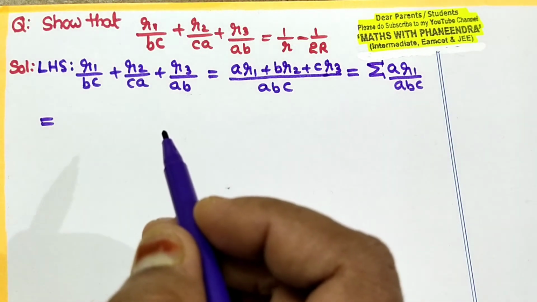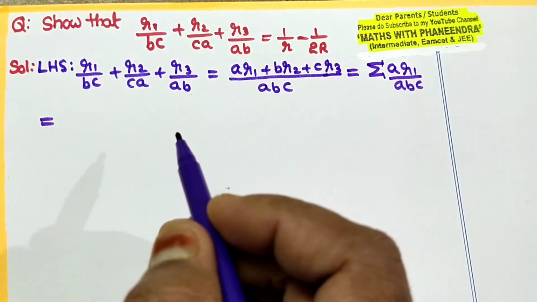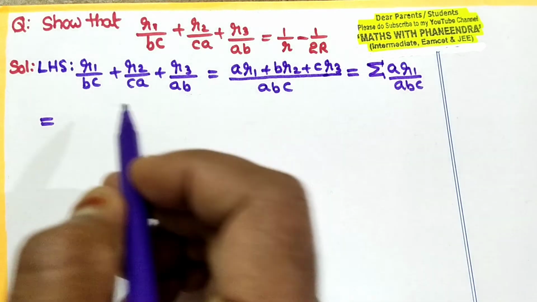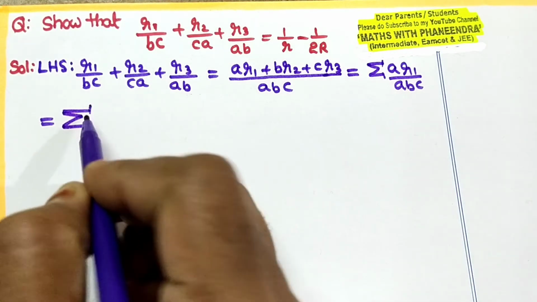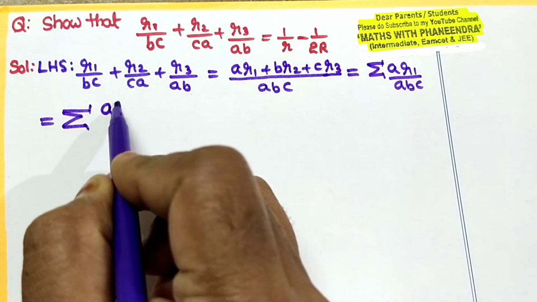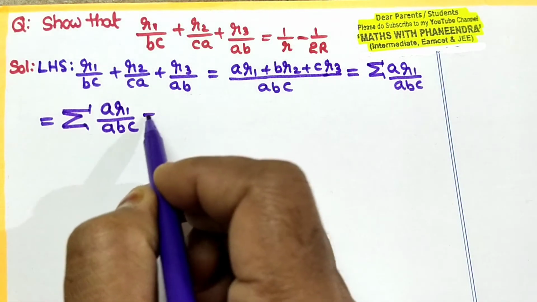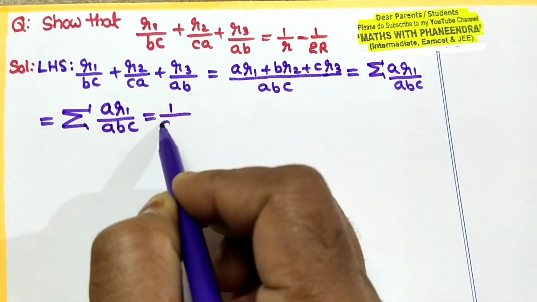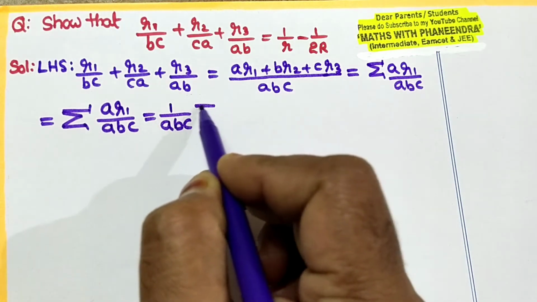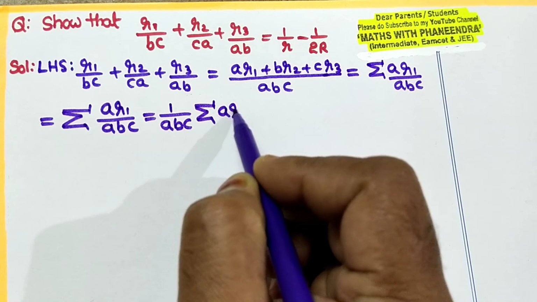In place of R1, we have different formulas. So sigma AR1 divided by ABC equals 1 by ABC, which we can take outside, sigma AR1.